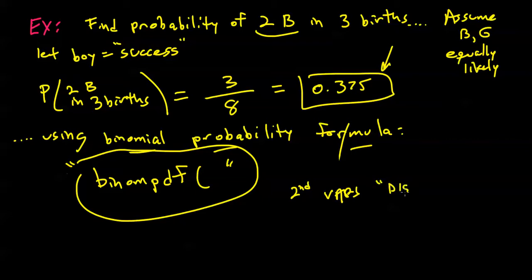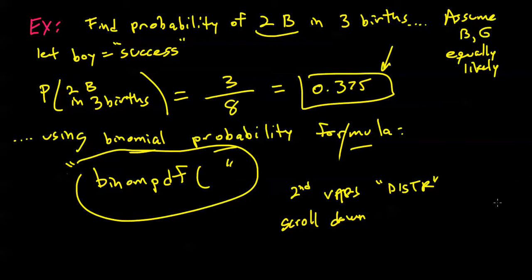You're really going to be at that second level, invoking that DISTR button command. And when I hit that second DISTR command, you'll see a list. Now binomPDF, you have to scroll down to it; the function address differs from model to model of the calculator.